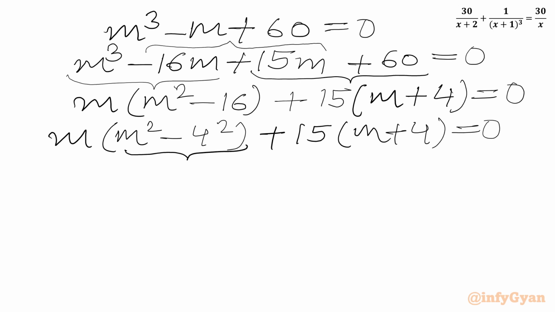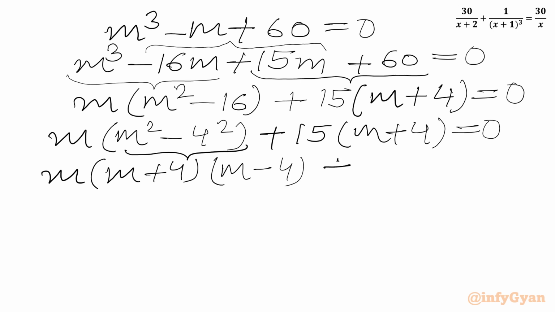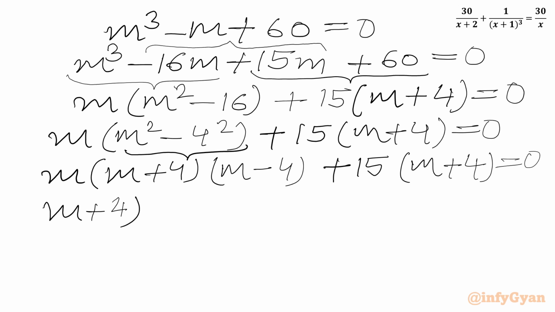Now here we will apply difference of two squares formula. m times (m plus 4)(m minus 4) plus 15 times (m plus 4) equal to 0. Now m plus 4 will be overall common.